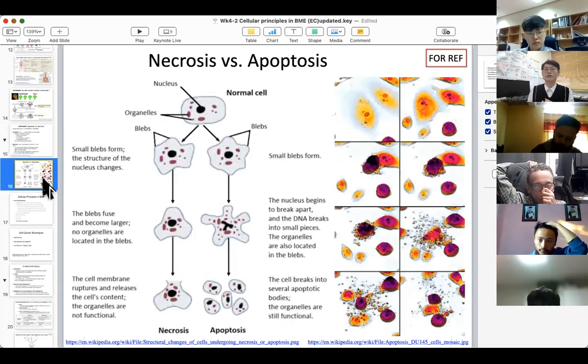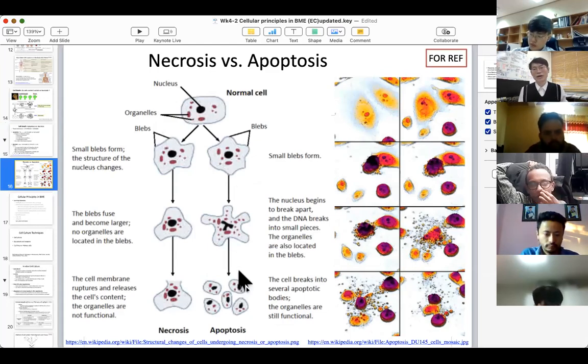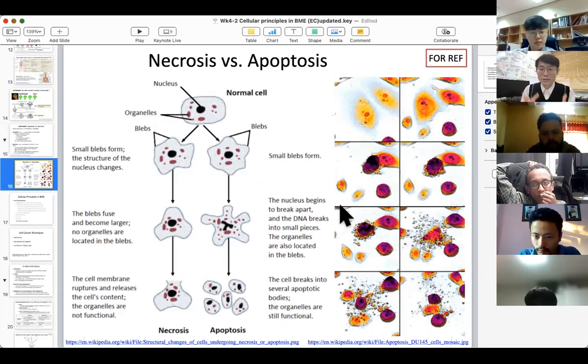And to help you understand further, I brought a little more detail, so please read through this for how a normal cell becomes necrotic or apoptotic. The technology now, and on the right side is actually my friend who built this microscope, which is called a quantitative phase microscope, which gives a 3D view, but the contrast comes only from refractive index, so no exogenous fluorescent molecules or dyes are involved.